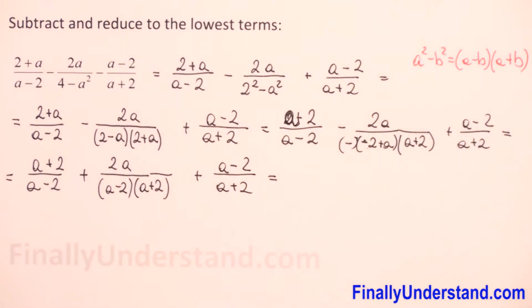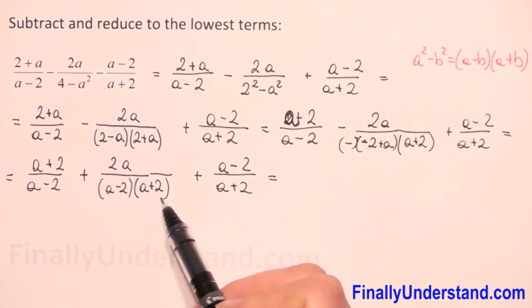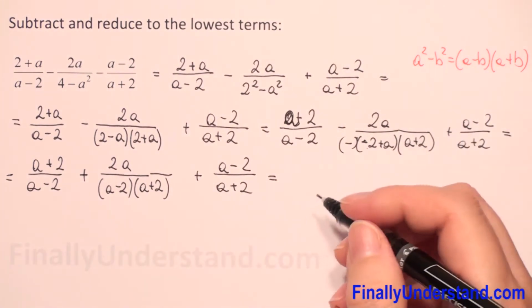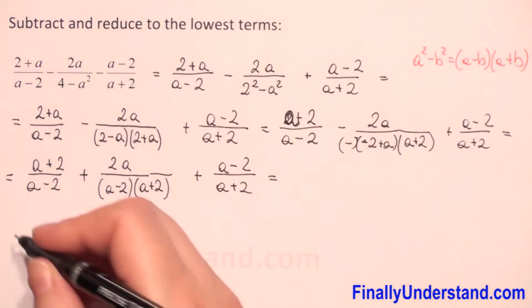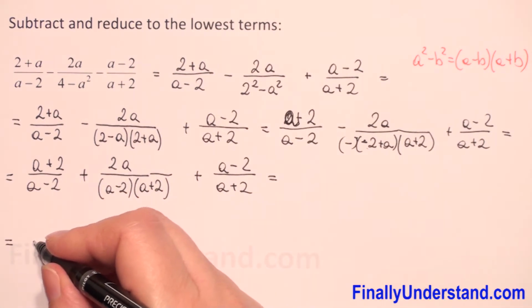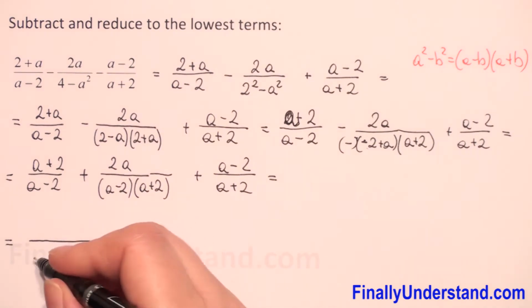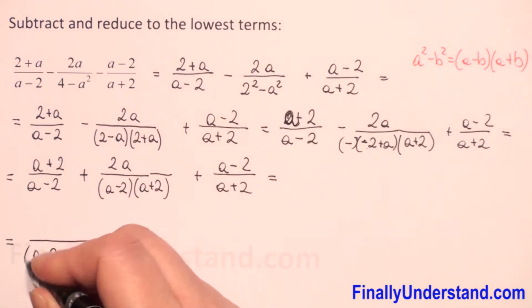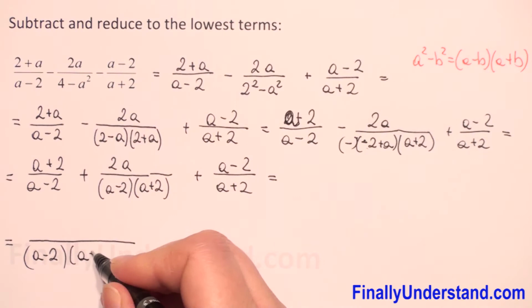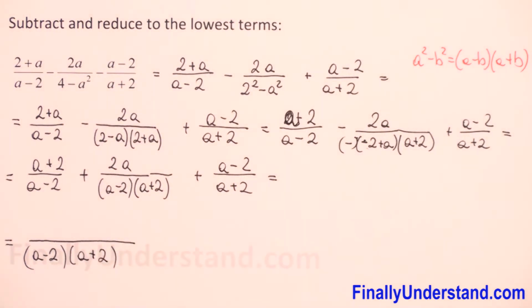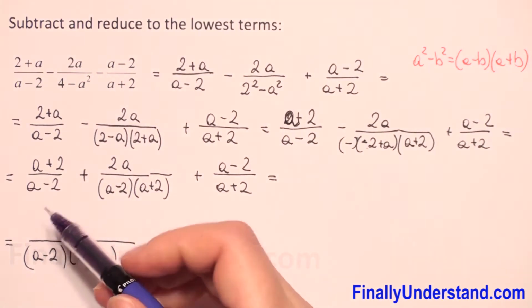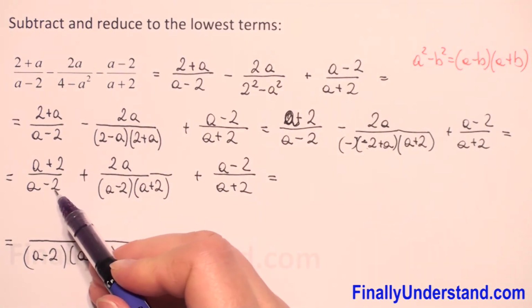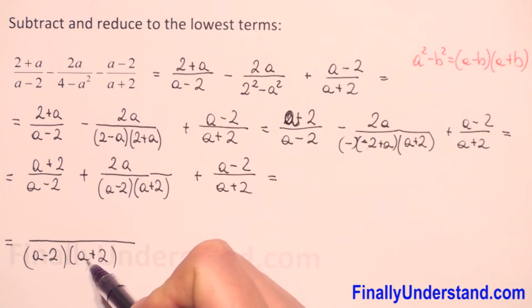Let's check our denominators now. We have a minus 2, a minus 2, a plus 2, a plus 2. So the least common denominator, what will it be? We have to put a minus 2 times a plus 2. So now in the first denominator we have only a minus 2, so I multiply this a minus 2 by a plus 2.